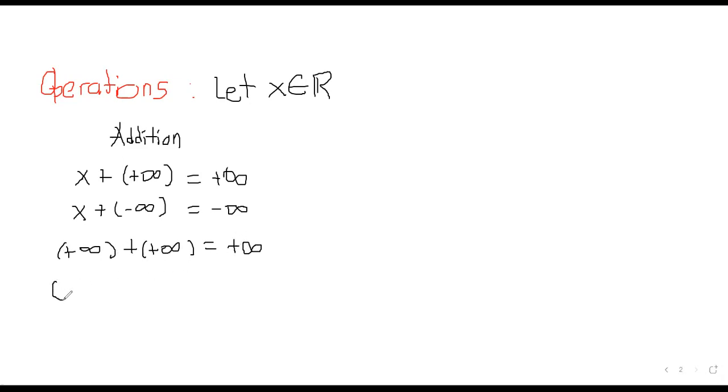And negative infinity plus negative infinity, same idea, will be negative infinity. Next, when 0 is added to or subtracted from infinity, that is 0 plus positive infinity or 0 plus negative infinity, the result is positive or negative infinity.